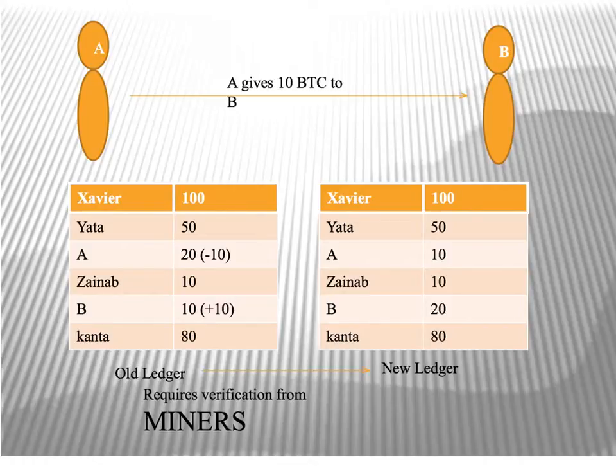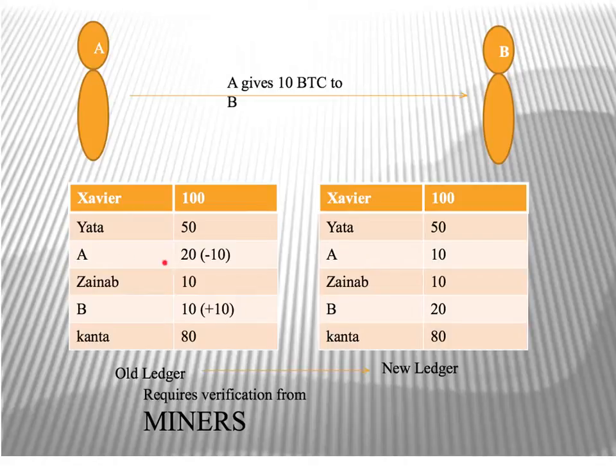But as you know, in a Bitcoin there is no central authority like a bank or a payment gateway. Then how does this function? Let's say this is a public ledger in which these are the Bitcoin accounts of the users. These users are also called nodes in the Bitcoin network.